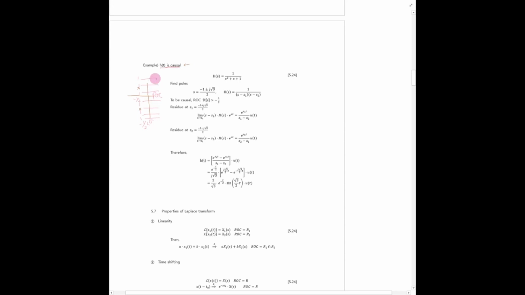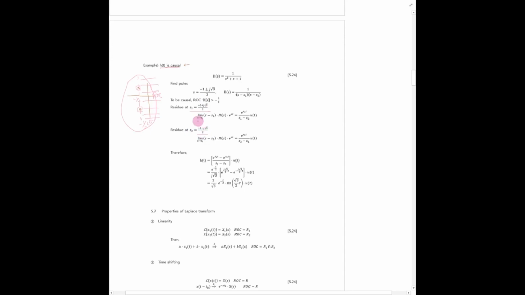We need to take the contour integral on this side, so we have to evaluate the residues at these two points. The two poles are given here, s1 and s2. s1 is defined with the positive sign, and s2 with the negative sign.